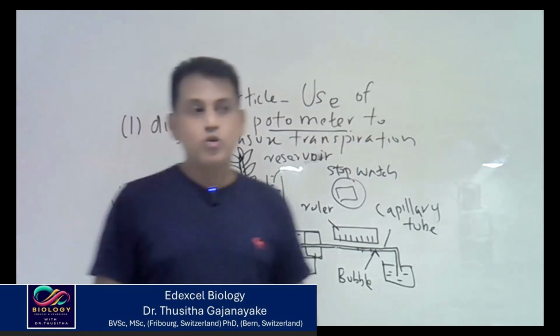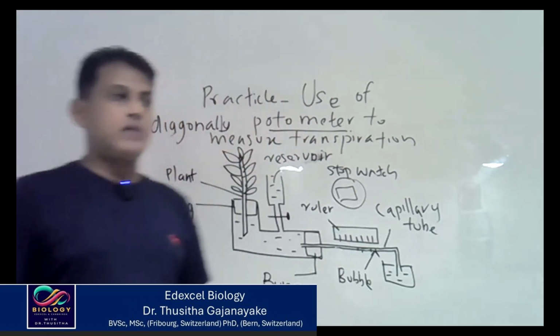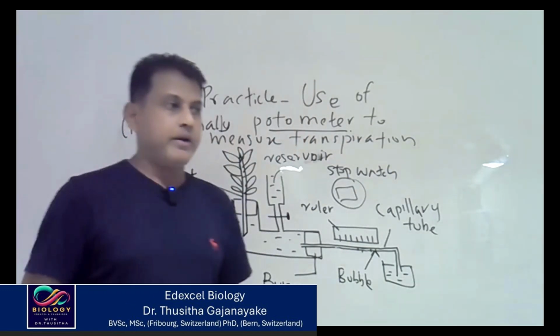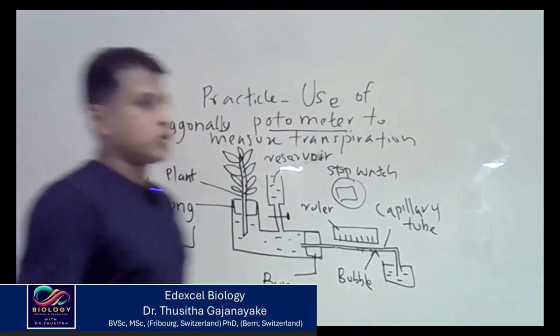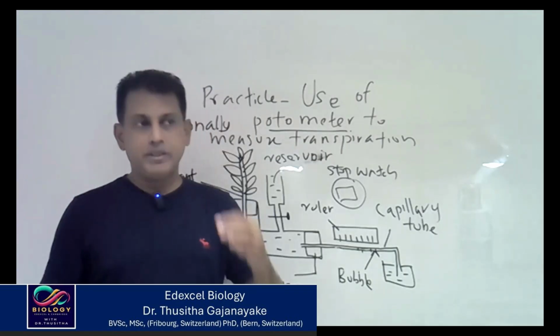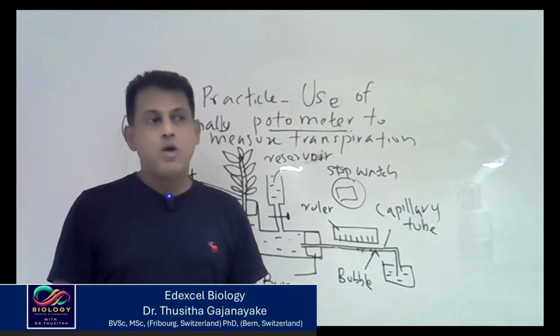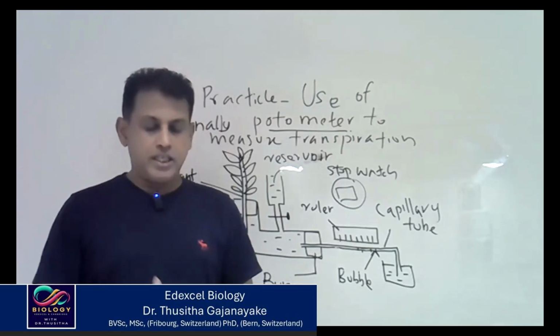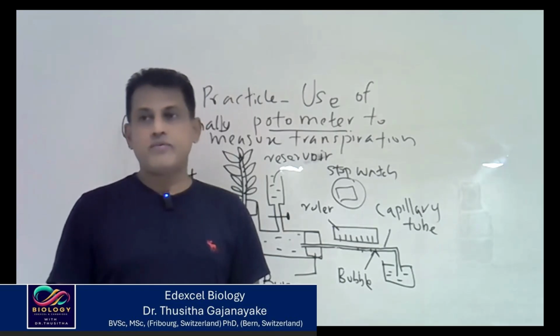sometimes if we want to kill small animals for various reasons, for example, let's take a chicken. If we want to kill a chicken in a farm to check whether it has an infectious disease, the usual method is they inject just air into the blood vessel.